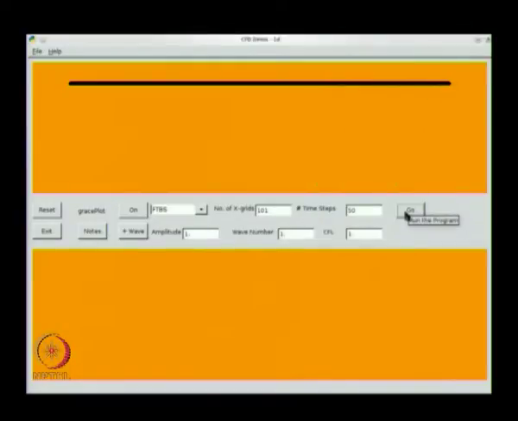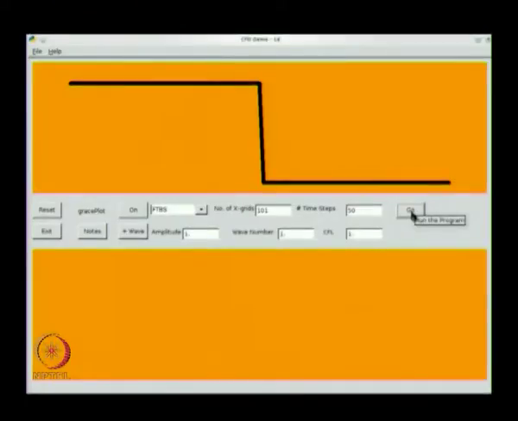I take 50 more time steps and it is just at the exit, it has just gone through the domain. Am I making sense? The propagation speed looks reasonable, but of course the ramp is still there.